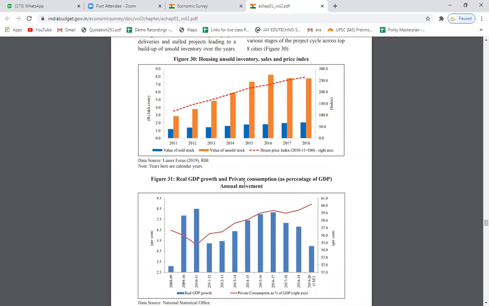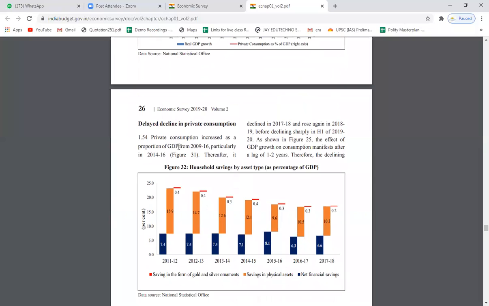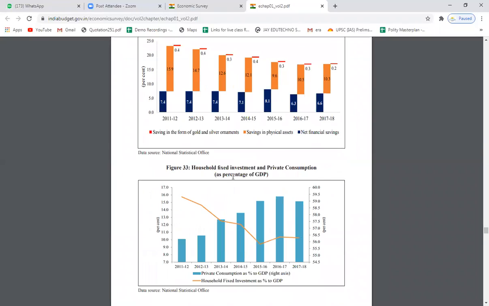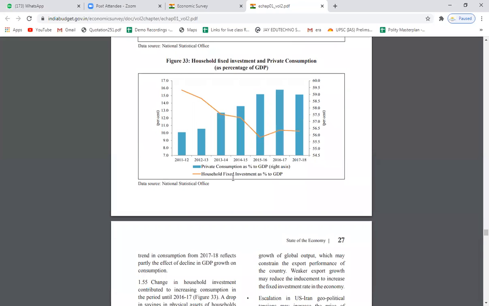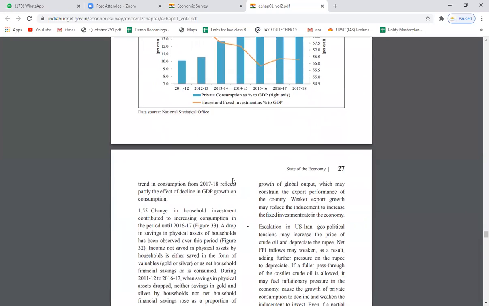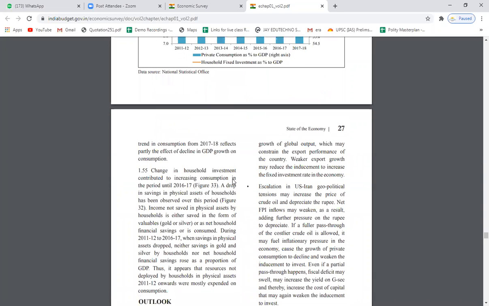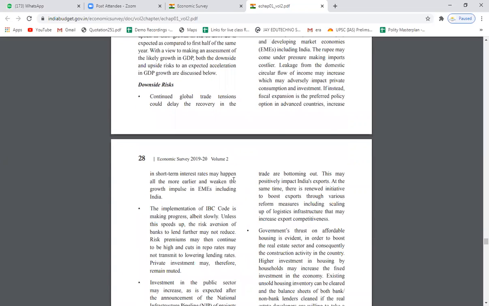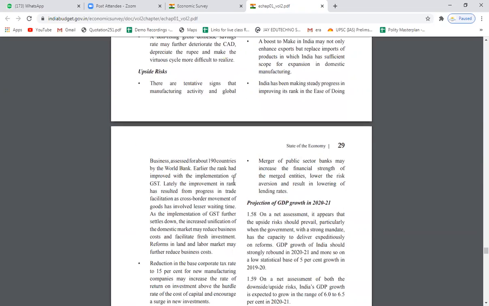Real GDP growth और private consumption का भी ग्राफ यहाँ पर दिया हुआ है. ये ग्राफ आपको देखना है. Delayed decline in private consumption बढ़ रहा है, घट रहा है, वो भी इसमें explain किया है. There are two things: consumption and investment. Consumption also leads to growth, as investment also leads to growth. Because when we consume more, obviously we will have more demand and more production.